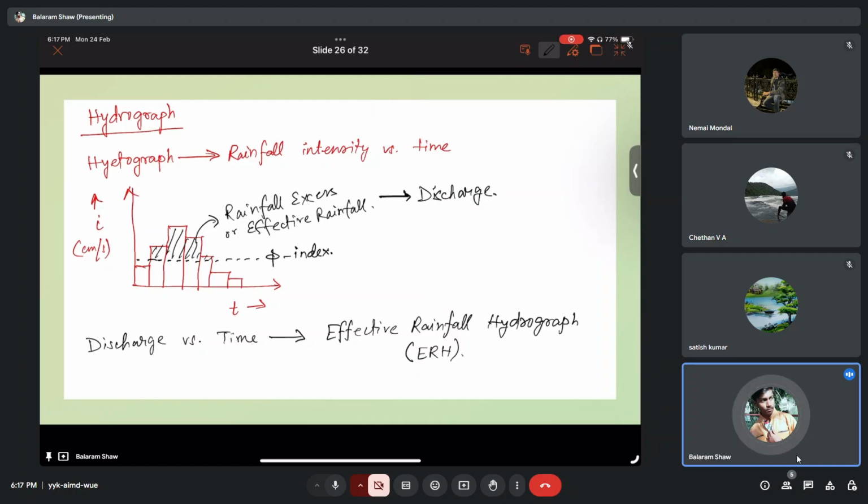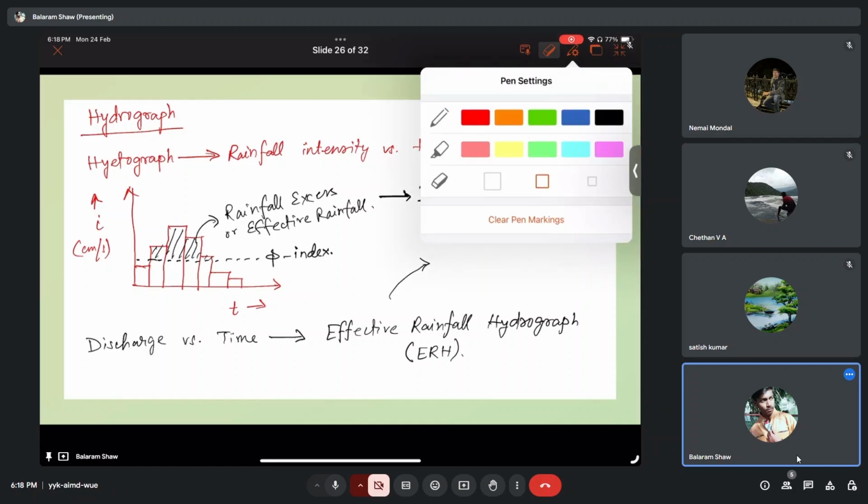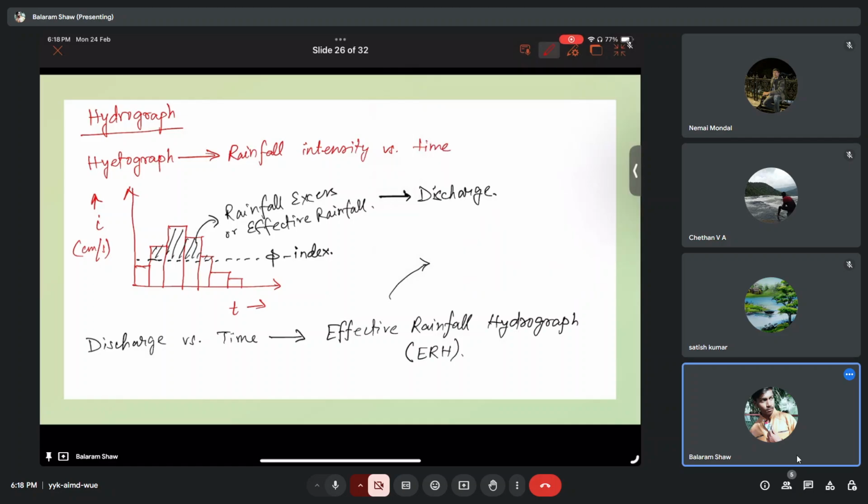So if you see this hydrograph, how will it be? Let's say this is the time and this is the discharge or flow, in meter cube per second.